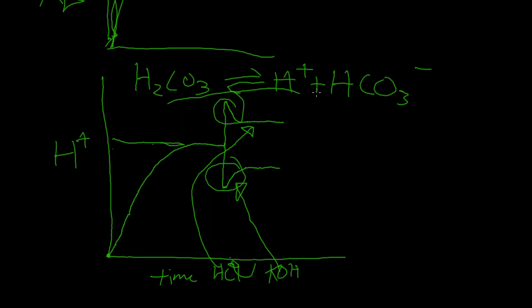It's come back again because that buffer is there. And that's the role of buffers in natural systems. It's to make sure that the pH doesn't change too rapidly or too far. It helps to lock the pH within an acceptable range that biological reactions that need to occur can occur at.